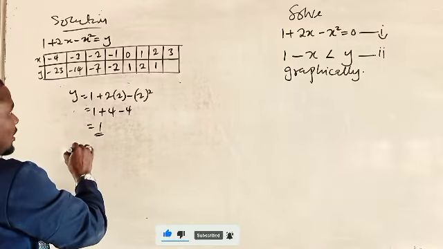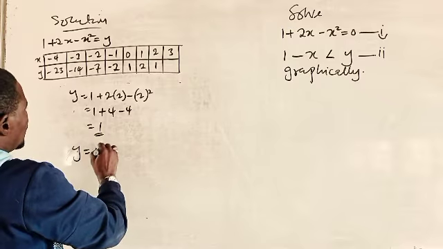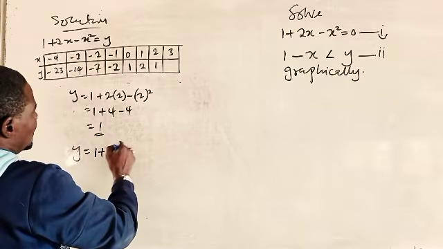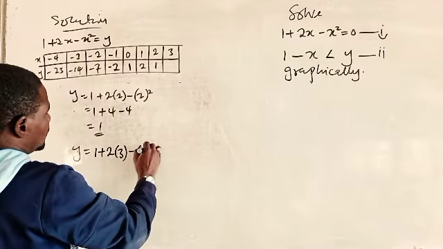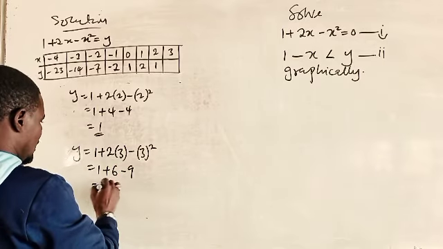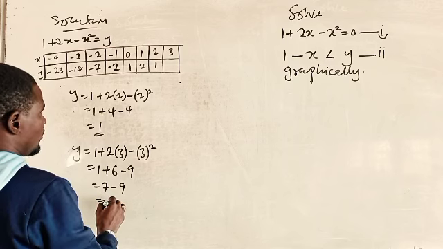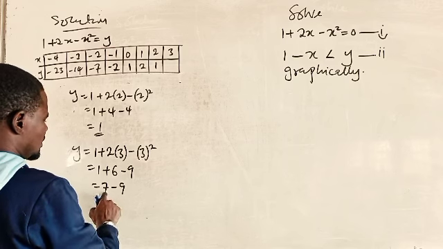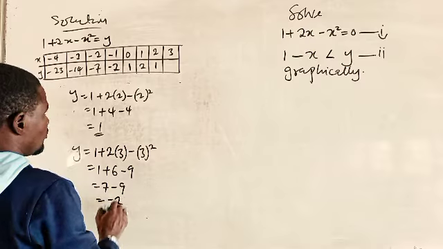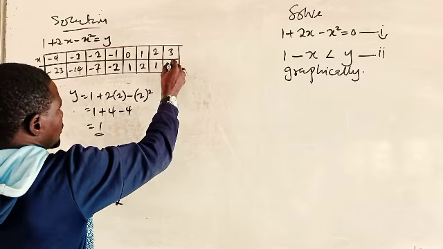Then when x is 3, we have y equals 1 plus 2 bracket 3 minus 3 squared. This is 1 plus 6 minus 9. This is 7 minus 9, which is minus 2. So minus 2 is going to be here.